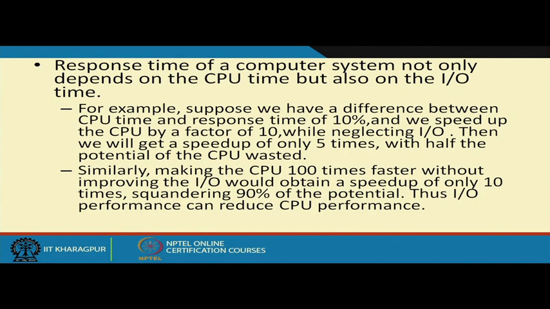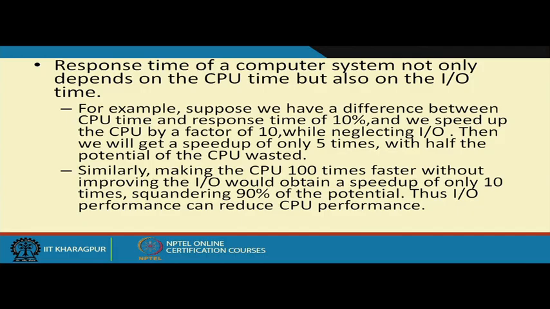In fact, it is seen that if we have a difference between the CPU time and response time of 10%, and we speed up the CPU time by a factor of 10 while neglecting the IO, then we will get a speed up of only 5 times, not 10 times, with half of the potential of the CPU wasted.